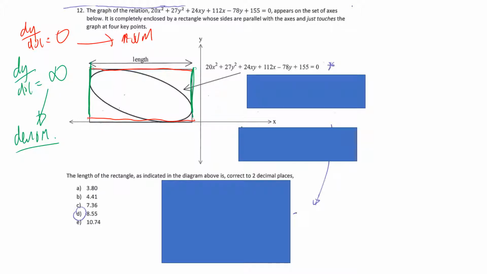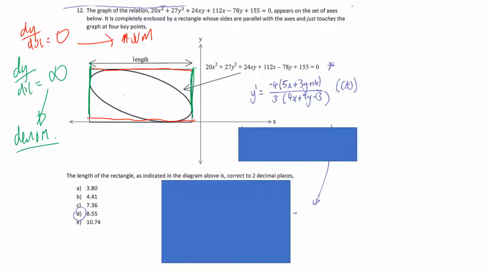Now, we're not going to implicitly differentiate this function by hand because we've got our CAS with us after all, and we can go imp diff in our CAS and we immediately get an expression for dy/dx. So remember how to do that. So here it is.